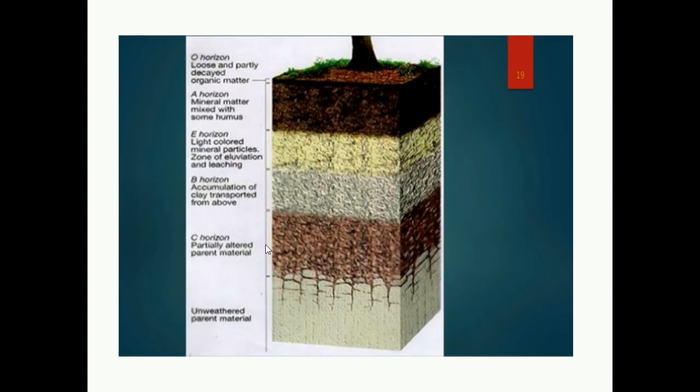Next one is the gray colored layer, which is the B horizon, accumulation of clay transported from above, that is from the A horizon, and the C horizon is the partially altered parent material. Beneath the C horizon you can observe the R horizon, which is the bedrock, unweathered parent material. This unweathered parent material is afterwards transformed into the C horizon.